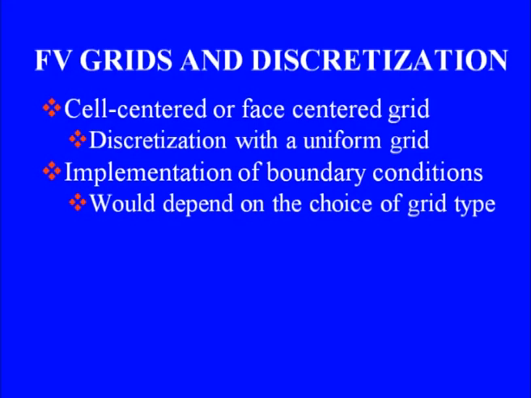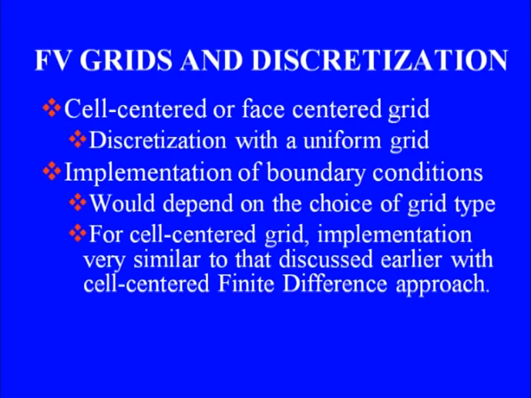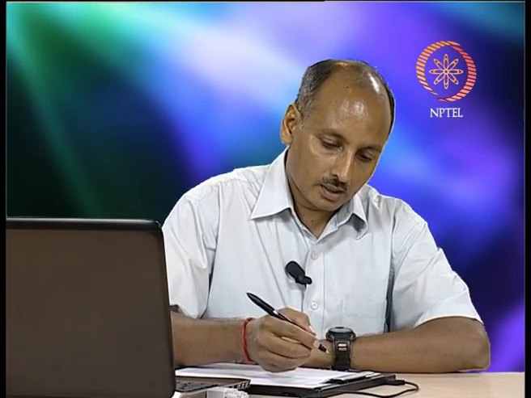This implementation would depend on the choice of the grid, and as we will see, for cell centered grid the implementation is very similar to that discussed earlier with the cell centered finite difference approach. So, now let us get our finite volume discrete equations for a generic computational node or generic finite volume.